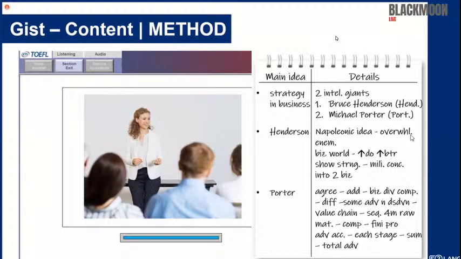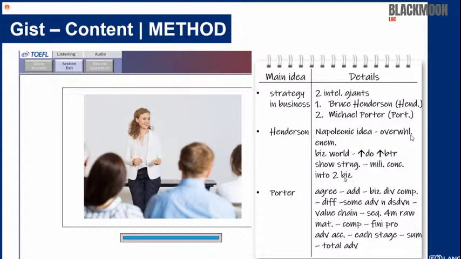Here are my notes. What I like to do is, because I like to keep my notes organized, I usually make a table and I put my main ideas in the left-hand column and my details in the right-hand column. The main idea sometimes is not obvious when you're taking the notes.